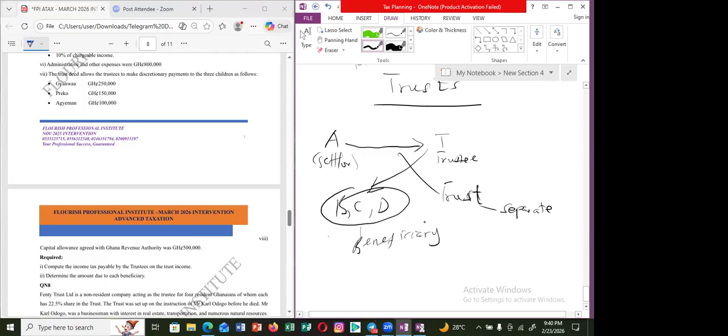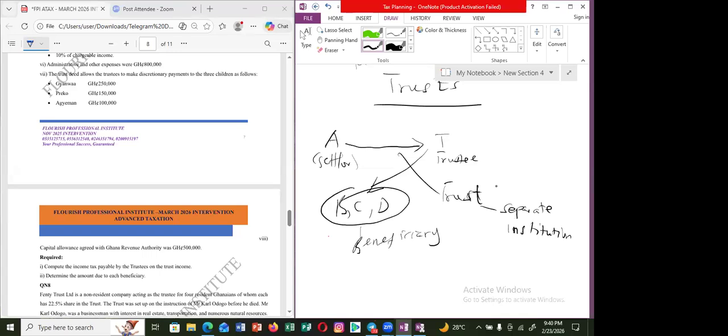Assets of the trust are for the trust, liabilities of the trust are for the trust. They are treated as separate institutions on their own, which means the basic approach to calculating the chargeable income of institutions also applies here. And generally, trusts are charged at a rate of 25%.